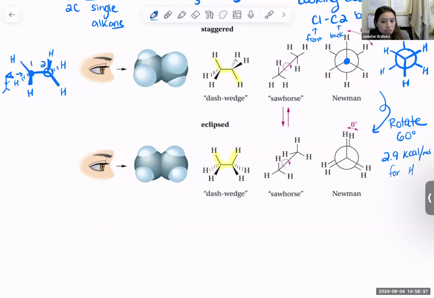So we'll talk about the energy numbers in a couple of minutes. But that's going to be what we have for hydrogen. Everything's going to be relative energies. So we're actually going to say the energy of ethane in staggered is going to be 0. Everything's actually going to be based on ethane as our 0 point.